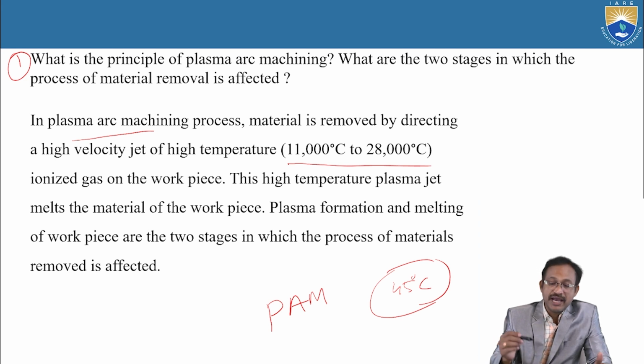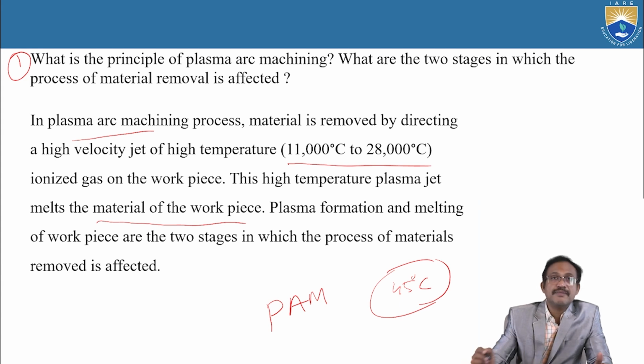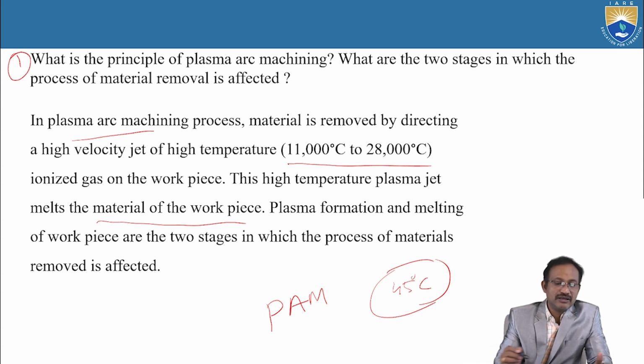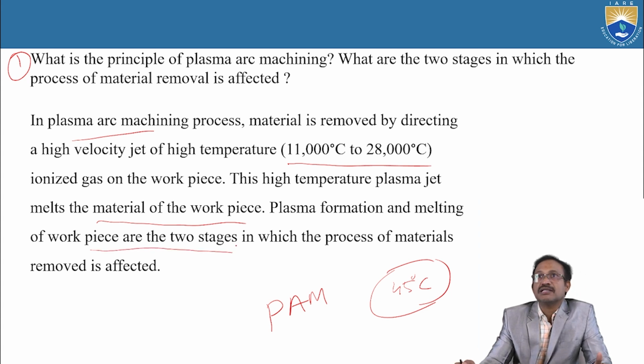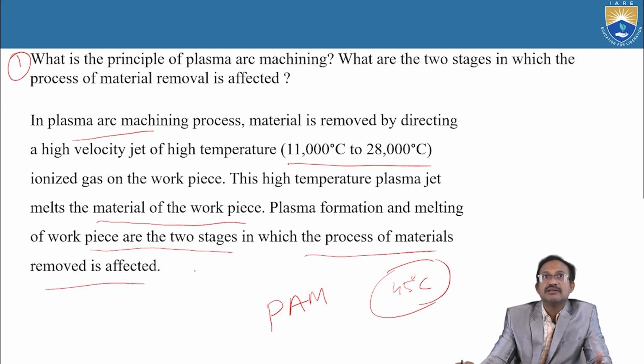This high temperature plasma jet melts the material of the workpiece. Plasma formation and melting of workpiece are the two stages in which the process of material removal is effected.